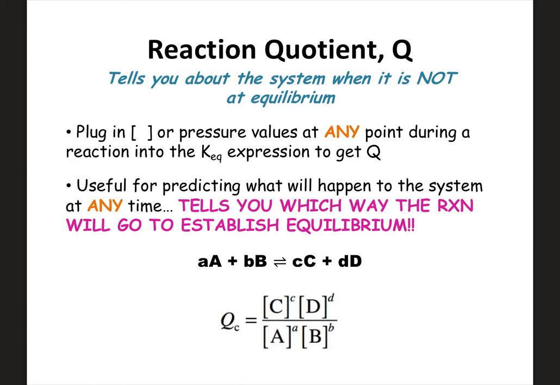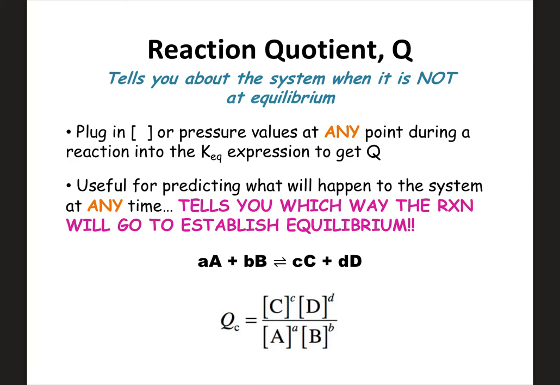The reason it's not KEQ and it has to be Q is because, remember, you can only plug equilibrium concentrations into KEQ. But you're using the same expression in order to get Q. As I said, this is going to tell you which way the reaction will go to establish equilibrium.